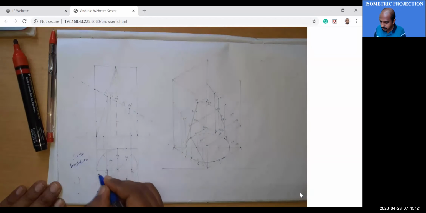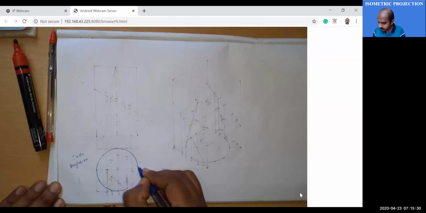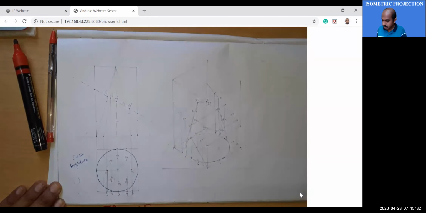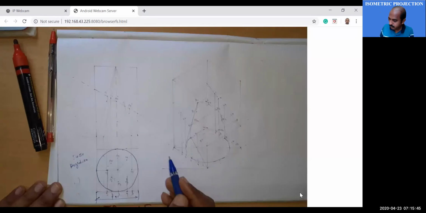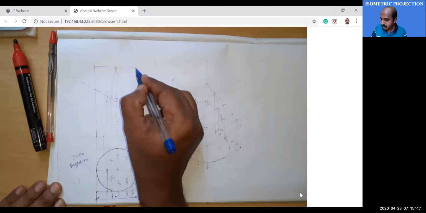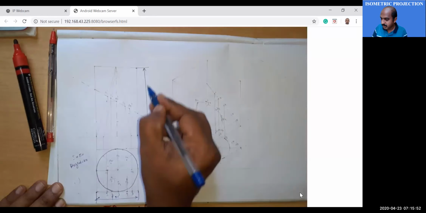So you draw the top view of the cone. This distance is equal to the dia, 50, and then from there you complete the front view of the cone with height equal to 80.